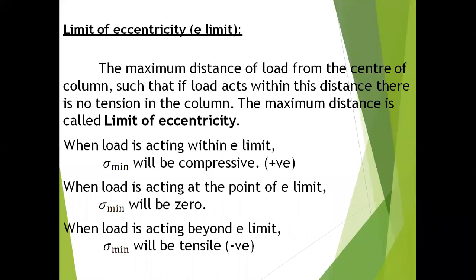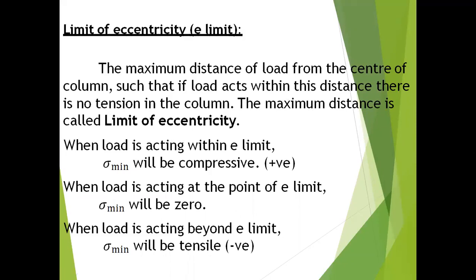So you have to tell it clearly: the maximum distance of the load from the center of the column such that if the load acts within the distance, there is no tension in the column. If it is crossing the distance from the center of the column, then tension exists. That tension will create the reversal of stresses in the column, you should be able to say that. So the maximum distance is called the limit of eccentricity.